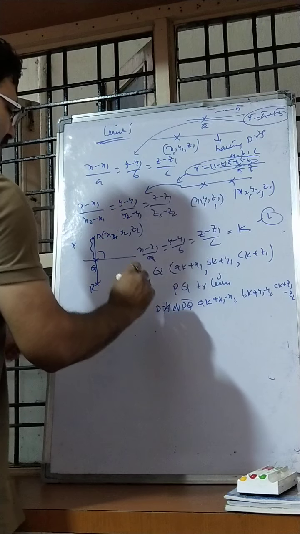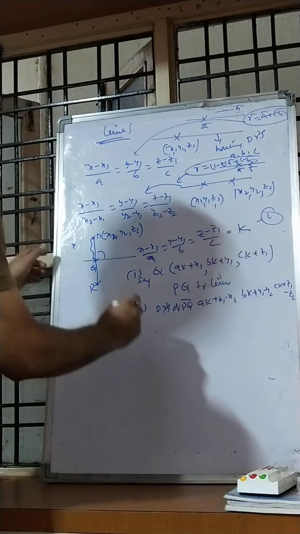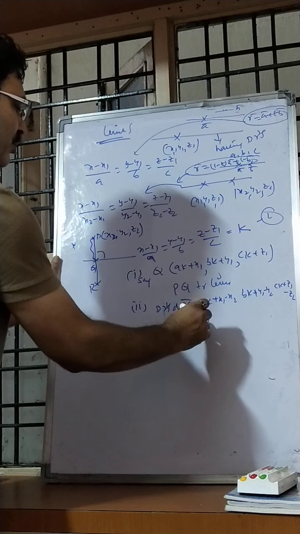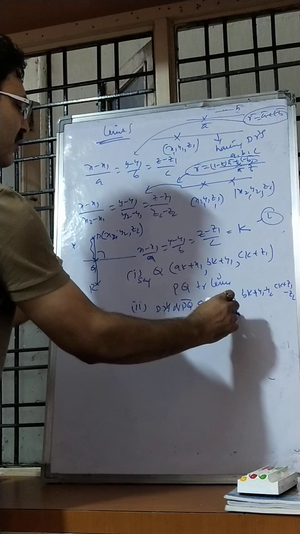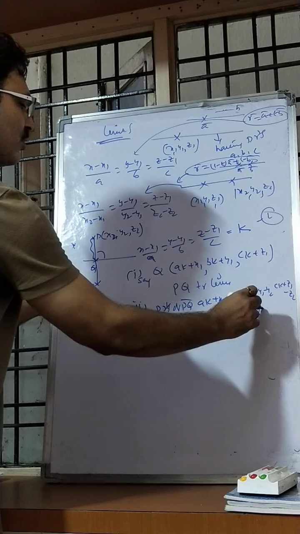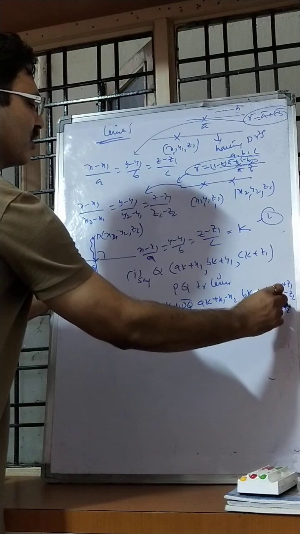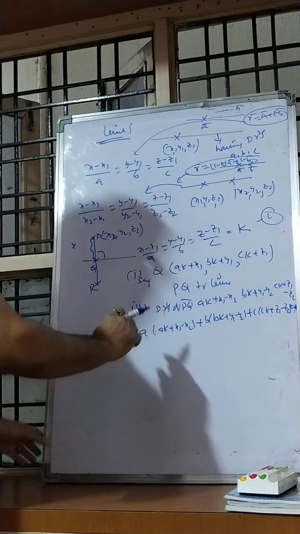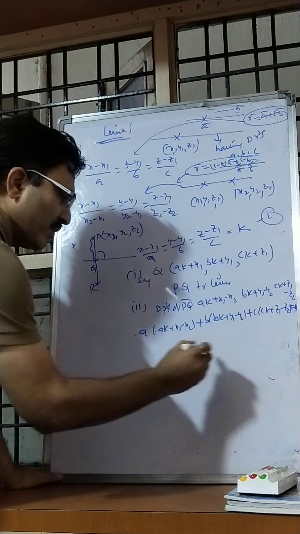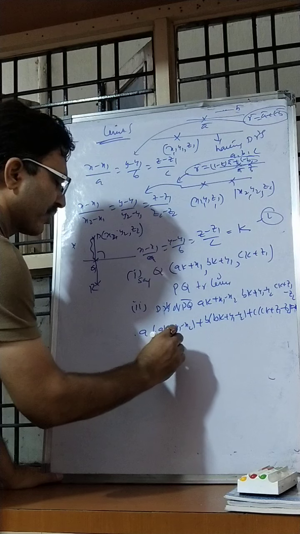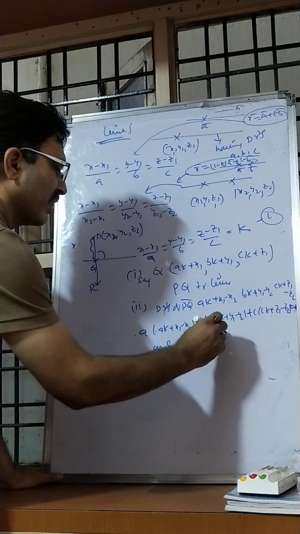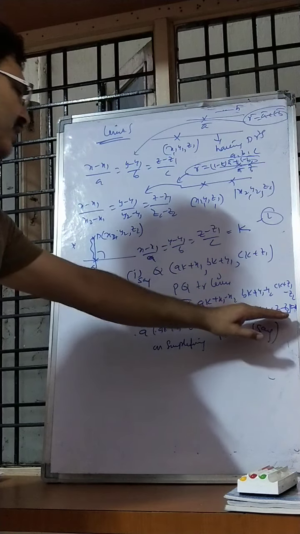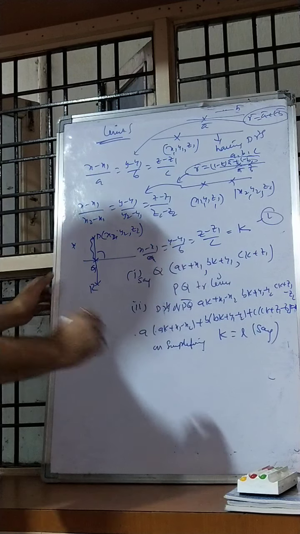But when these two are perpendicular, a into (ak plus x1 minus x2), plus b into (bk plus y1 minus y2), plus c into (ck plus z1 minus z2) equals 0. On simplifying this equation, you will get k, say some value L. Now you can get it.